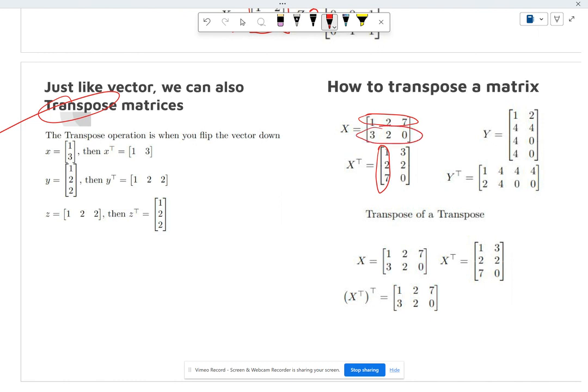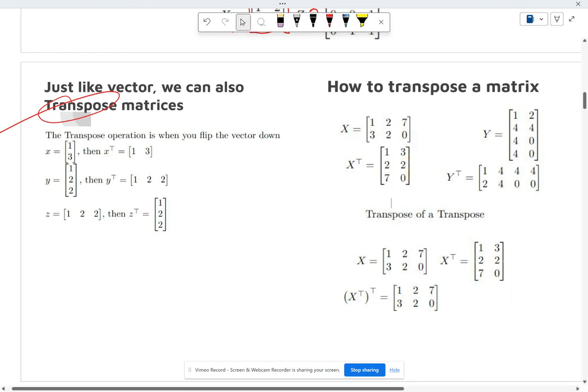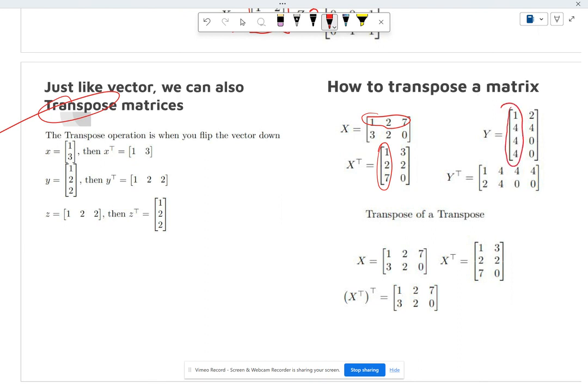You take the second row, turn it into a column again. That's if you have a fat matrix. Okay, so you see, row turns into column. If you have a tall matrix, you can see it this way. A vertical turns into horizontal. Vertical turns into horizontal. That's it.